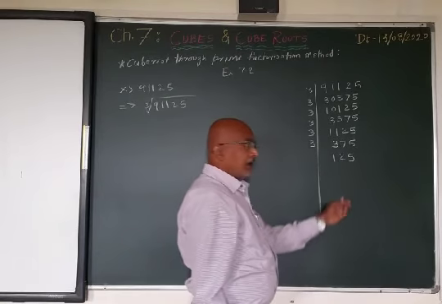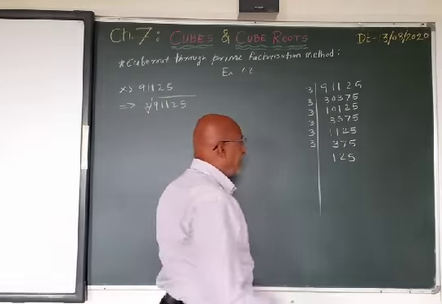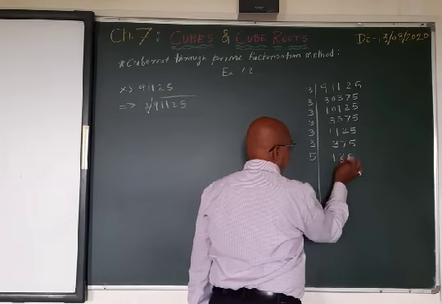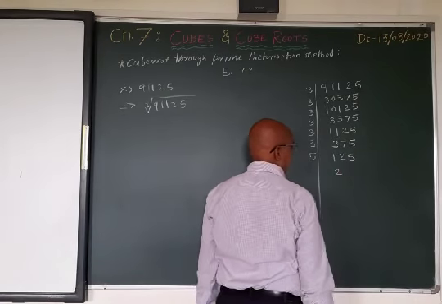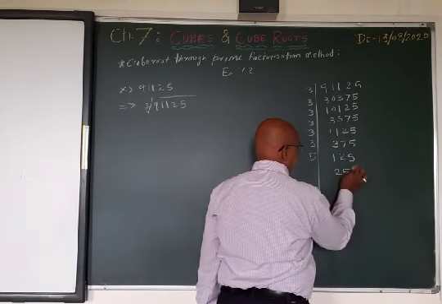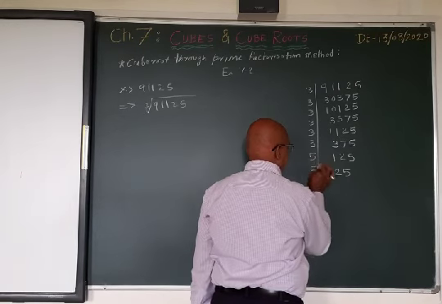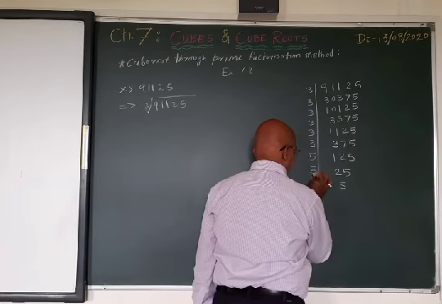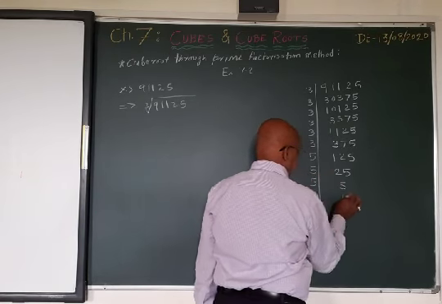Now 7 and 1, 8, not divisible by 3. After 3 comes 5. So 5 2s are 10, 5 5s are 15, again 5, and 5 5s are 25, again 5, 5 1.